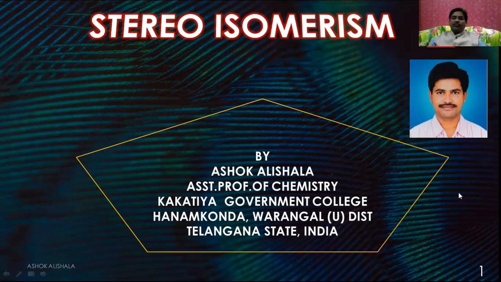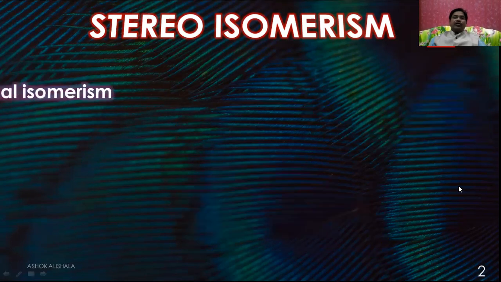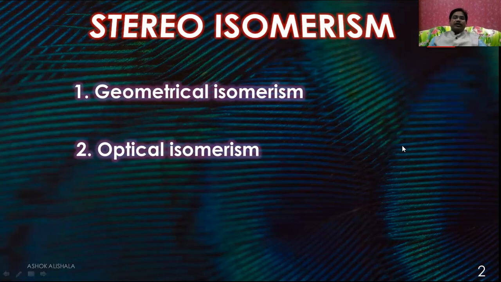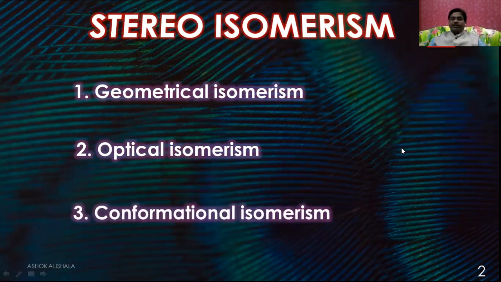Let us see what we are going to discuss in this. In the previous classes, we discussed the types of stereoisomerism: geometrical isomerism, optical isomerism, and conformational. In optical isomerism, we discussed the conditions required for showing optical isomerism, with various examples.